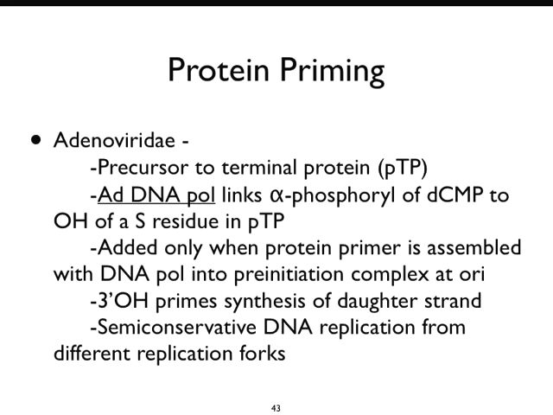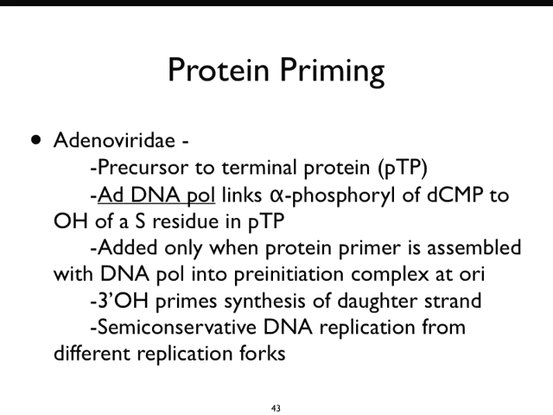Adeno polymerase links the alpha phosphoryl of dCMP to a hydroxyl of a serine in PTP. It's only added, that is, this dCMP is only added when the protein primer is assembled with polymerase into the pre-initiation complex at the origin.